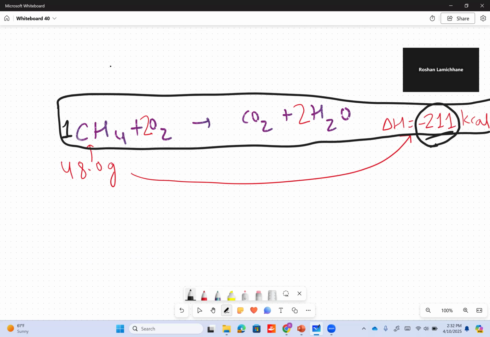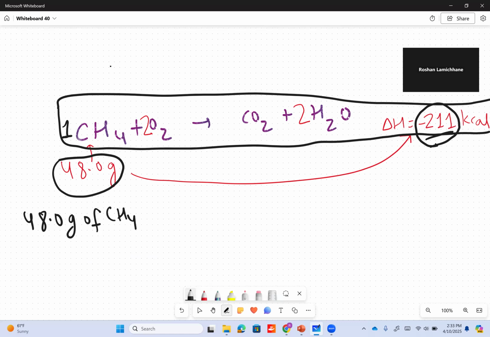But the question is asking us for 48 gram. So to do this, we're going to use the same concept: data given times conversion factor equals our answer. Sometimes you might need more than one conversion factor. So data given is 48.0 gram of methane.